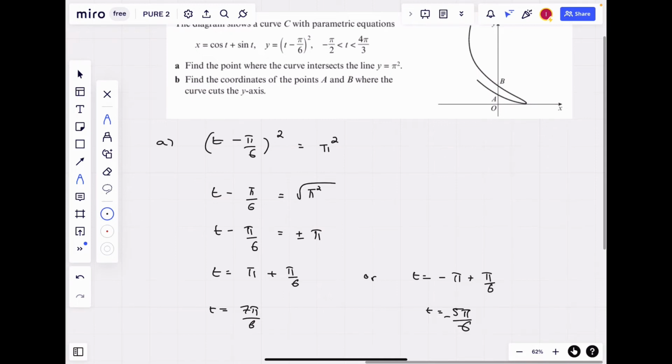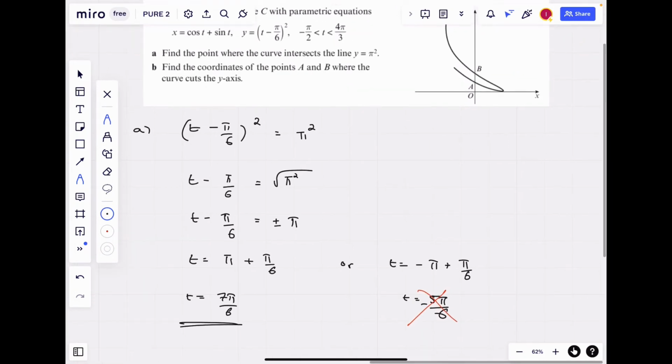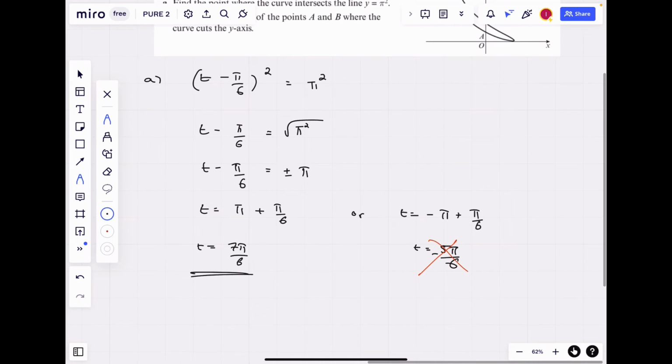Now, in your range, it tells you that t can't be less than minus pi over 2. So you can reject this one and you accept this as your only value. Now it says find the point, so find the coordinate. You've got the y coordinate, y equals pi squared. You now need to work out x. That was the whole point of getting t first.